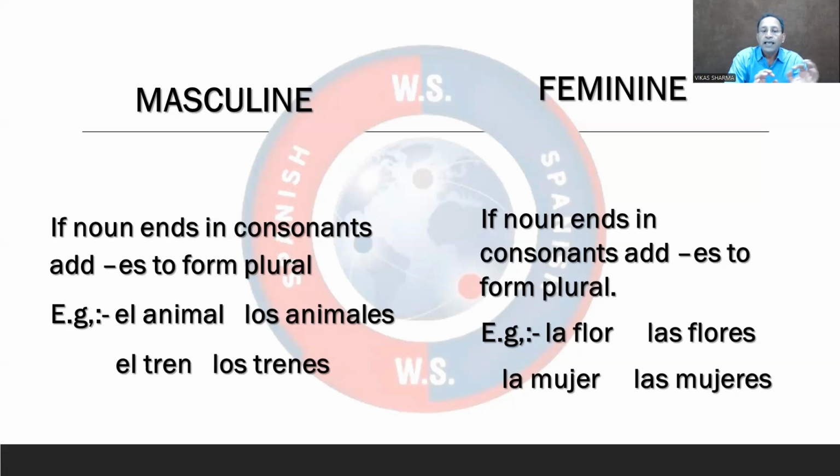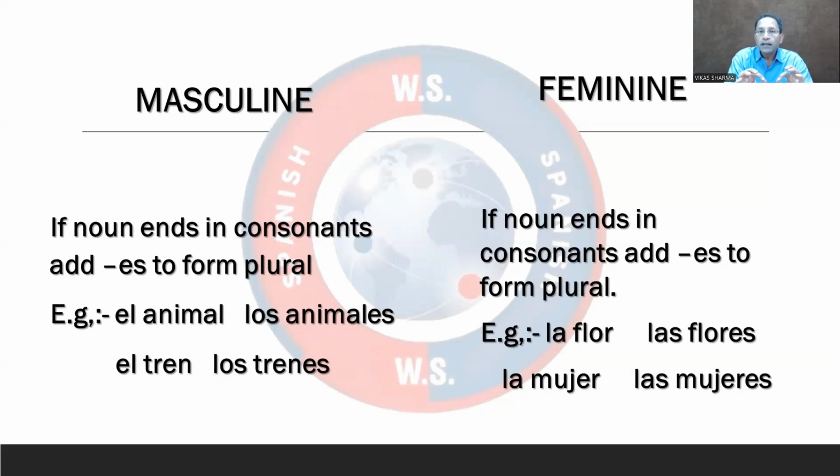For example, el animal, los animales, el tren, los trenes. Got it? Don't worry about the speed. Just go very slow and concentrate on the pronunciation part. Okay.